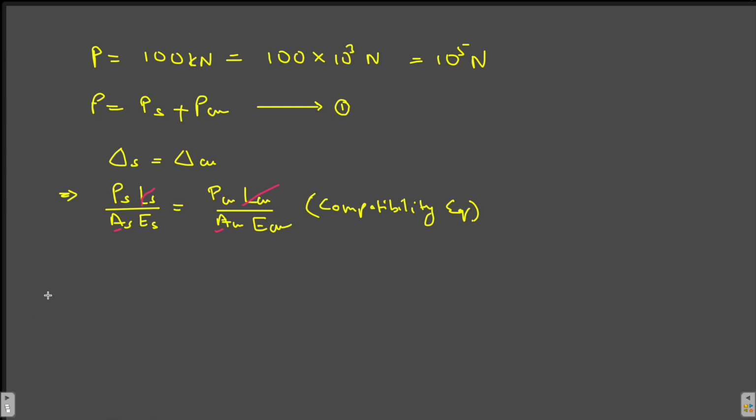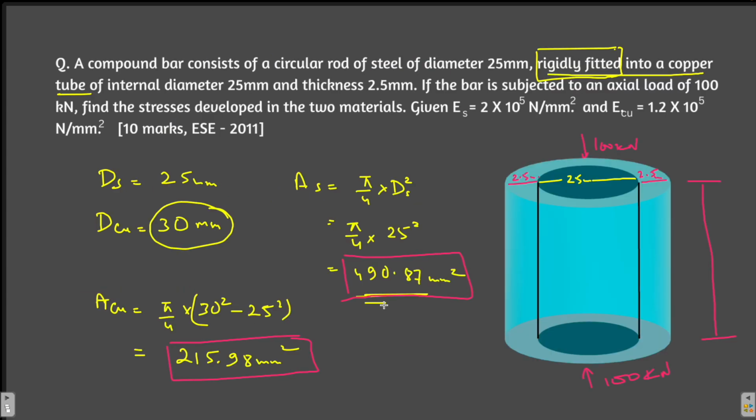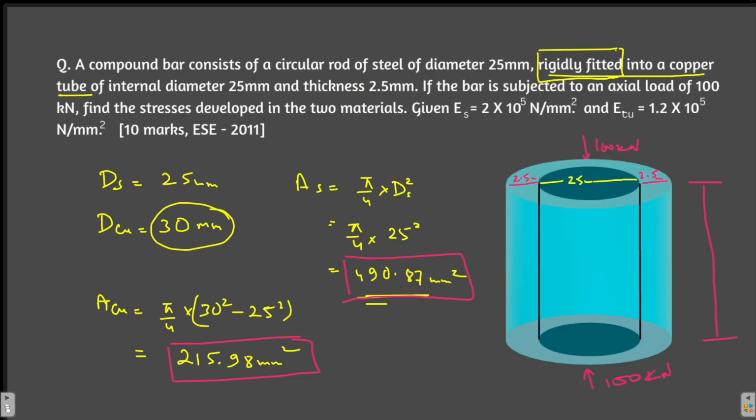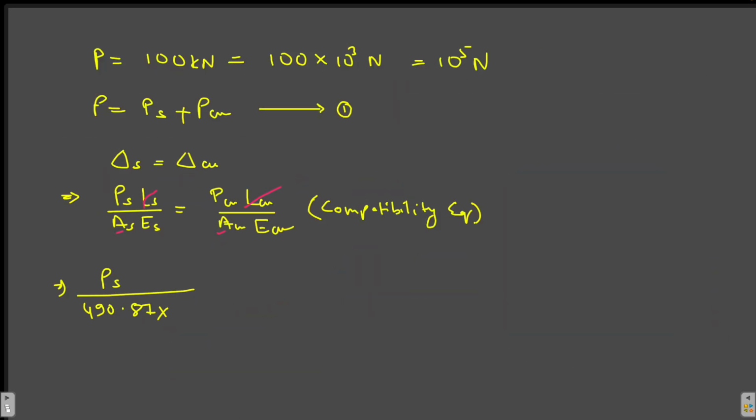So using that, can we write this: the force in steel is equals to area of steel. What is area of steel? It is 490.87, right? 490.87 into Young's modulus of steel, and it is given to us as 2 into 10 to the power 5 Newton per millimeter square, must be equals to force in copper.